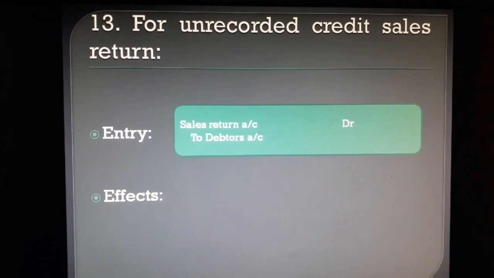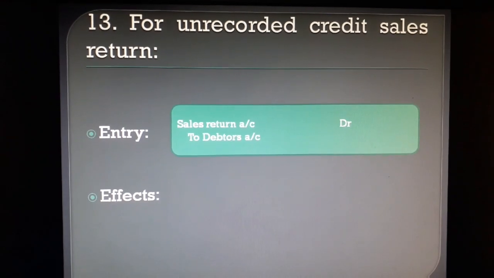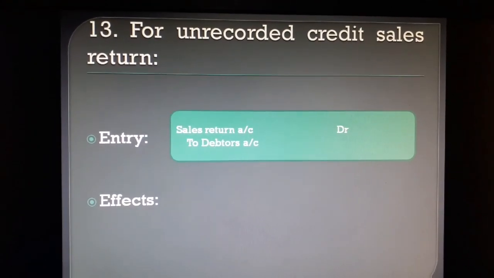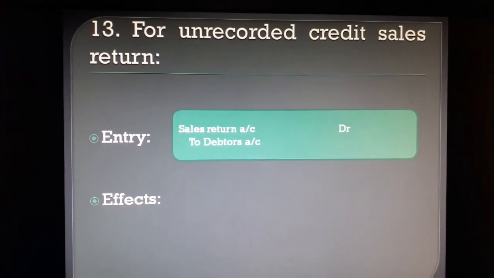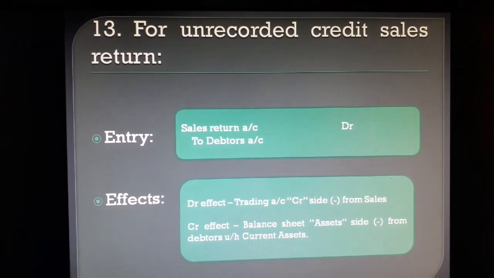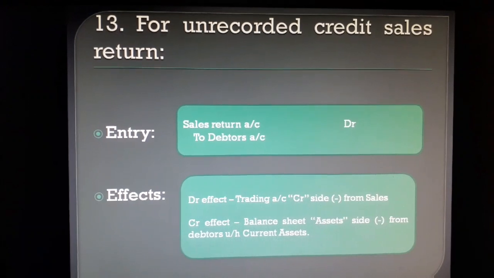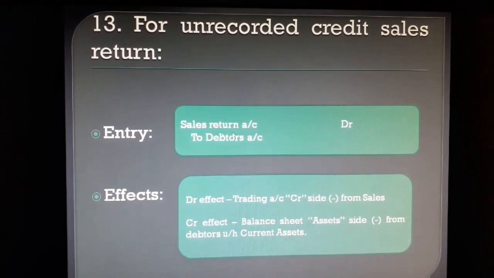So debit what comes in, by following that rule, sales return account debit. Debtors are the supplier, or giver, of that returned goods, that's why credit the giver, to debtors account. With that, the debit effect of the given adjustment is trading account credit side minus from sales. Sales return is deducted from sales.